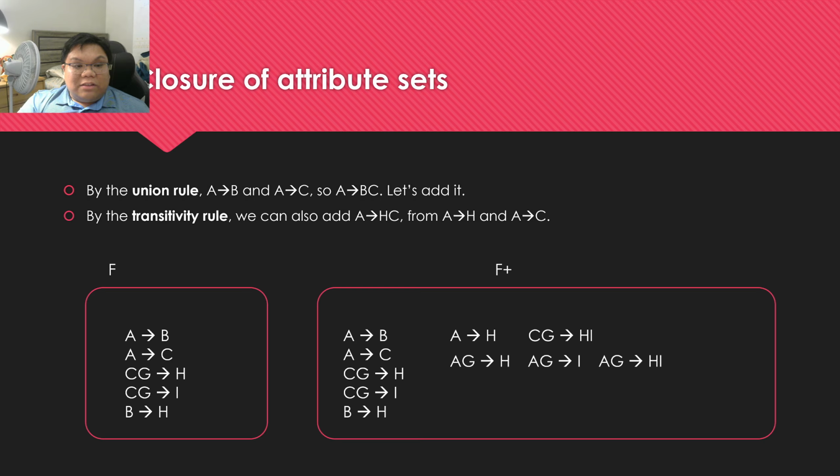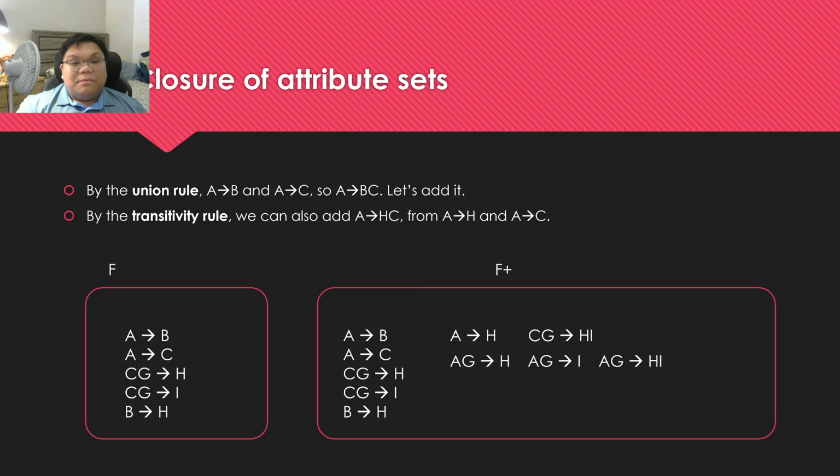We can also use the transitivity rule to add A determines HC from A determines H. Okay, so we can add several more rules to F+ by considering the union rule being applied to all the functional dependencies whose left-hand side is A, so we can then add in A determines BC.